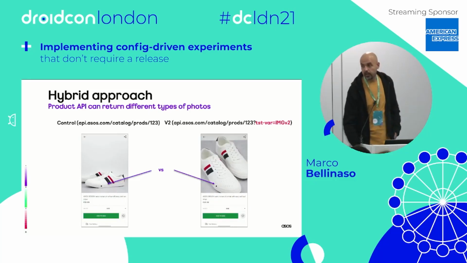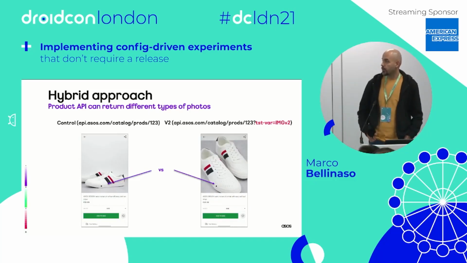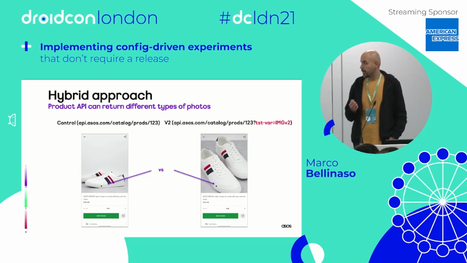And finally, I've got an example for the product page, which is powered by the product API, which returns plenty of metadata about the product, plus a list of image URLs. And on the right-hand side, you see that with an additional parameter, it returns 8 images rather than 4, and it also changes the first image that you see immediately as you open the product page.